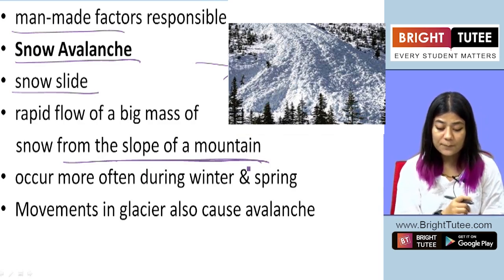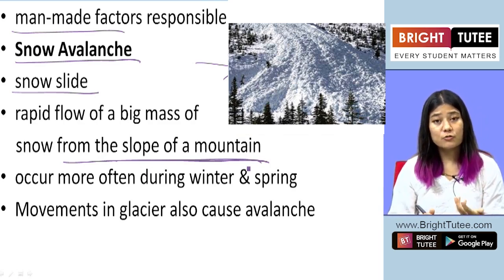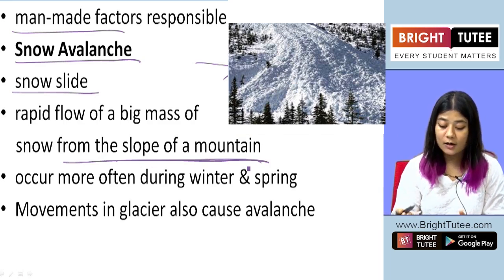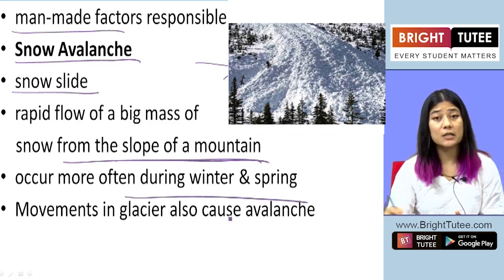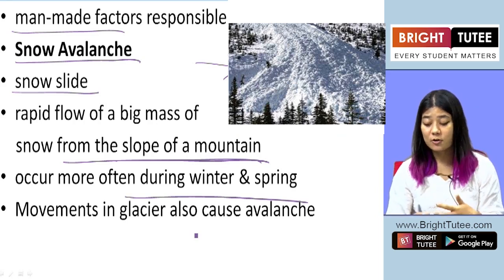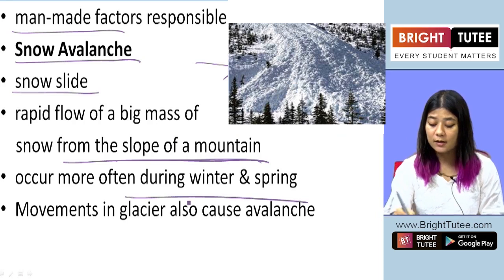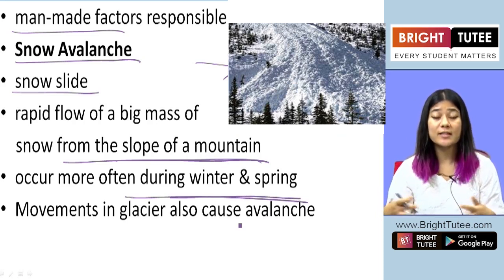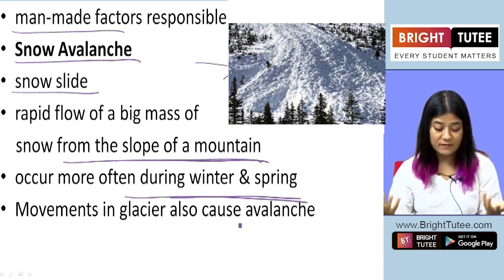It sweeps off everything from its way. Okay. Now snow avalanche or snow slide occurs more often during winter and spring. It does not occur in summer or in the rainy season. It occurs during winter and spring when there is a lot of snow available.